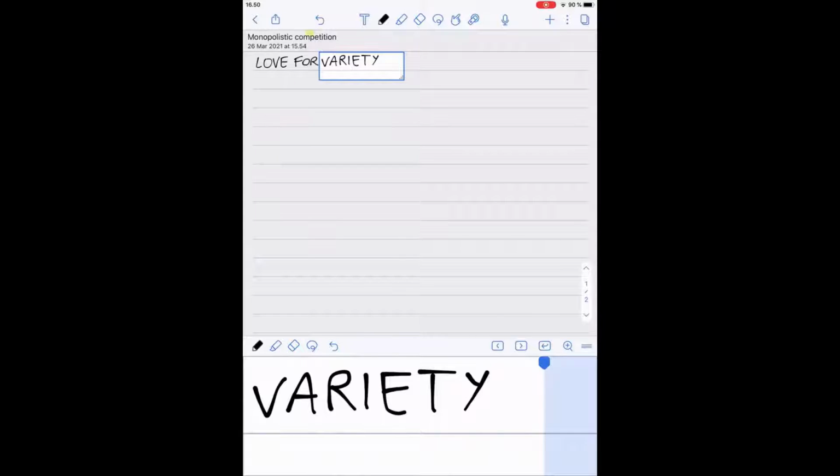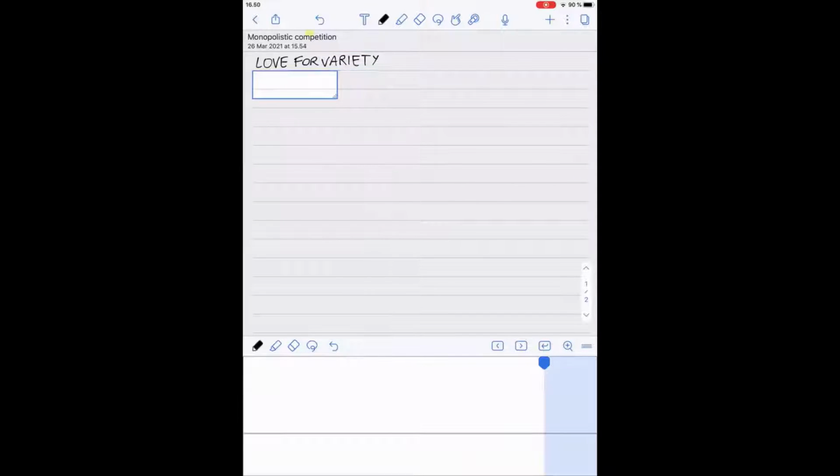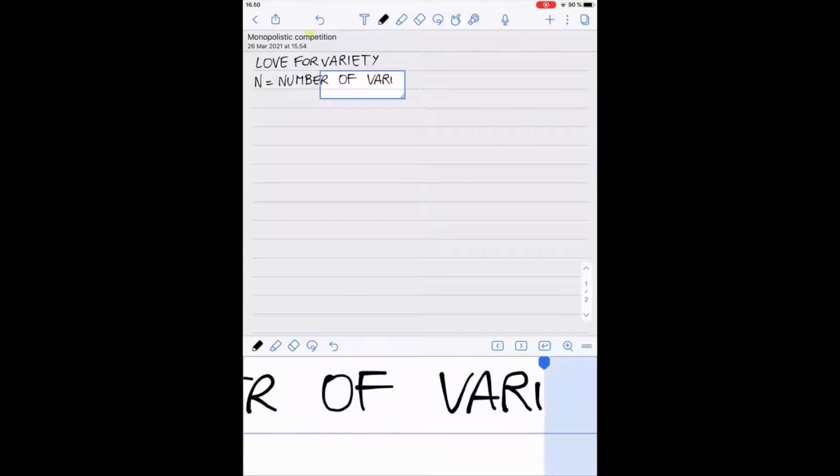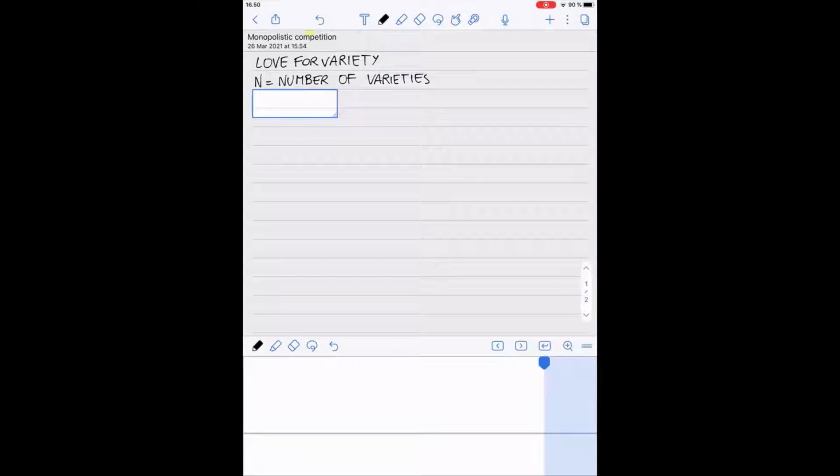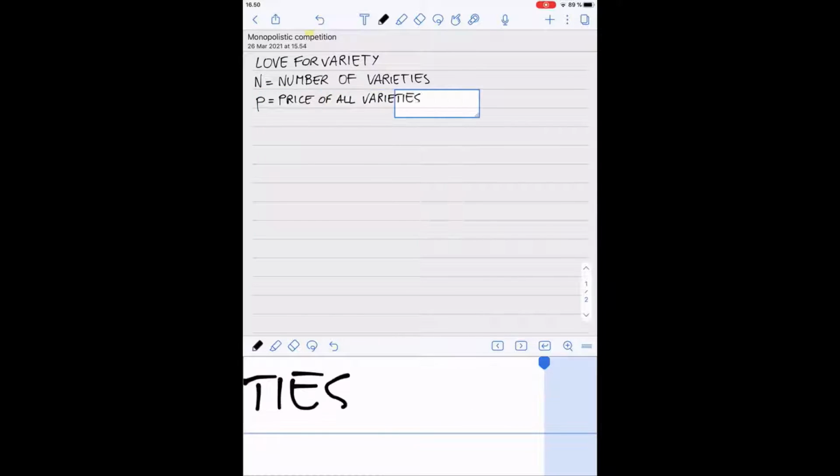So the idea is that suppose that there are n product varieties. Suppose that they all sell for the same price P. And finally, let W be your income.